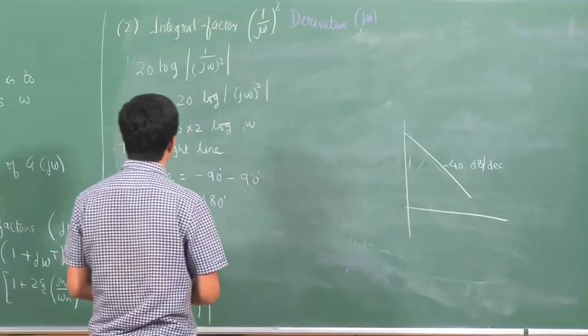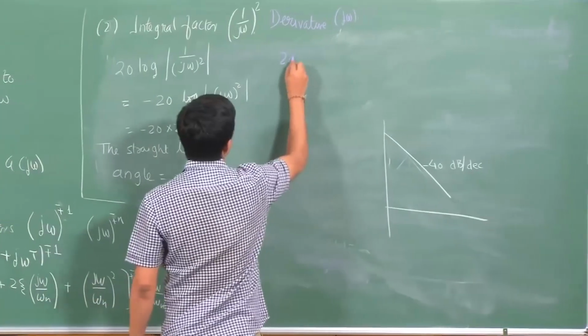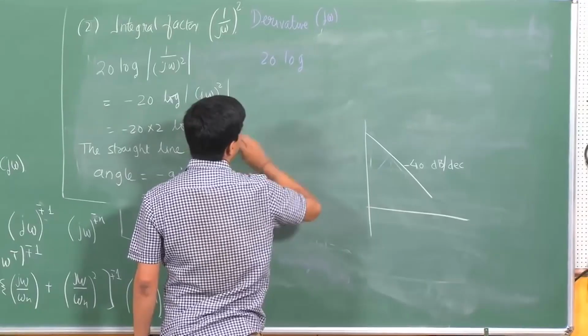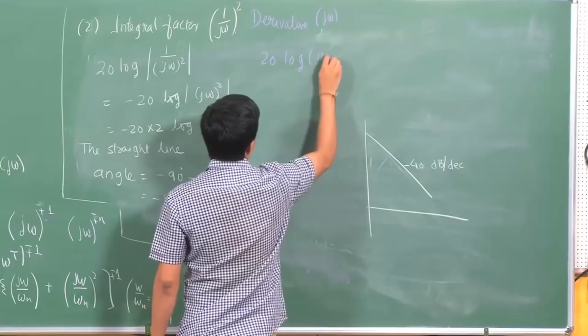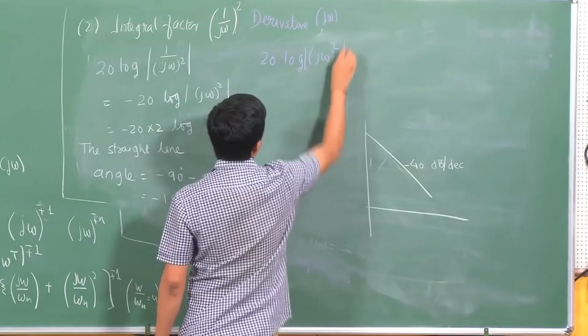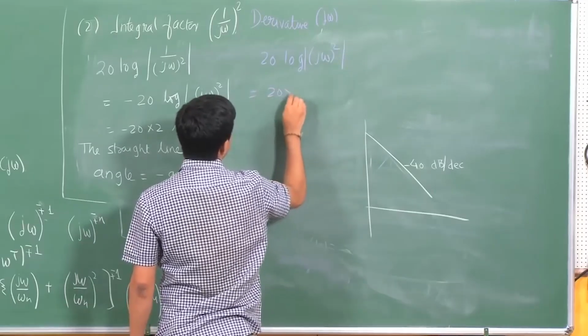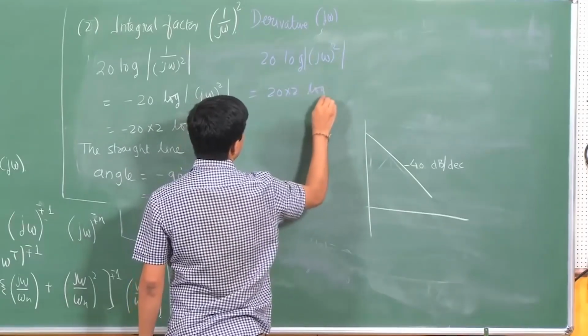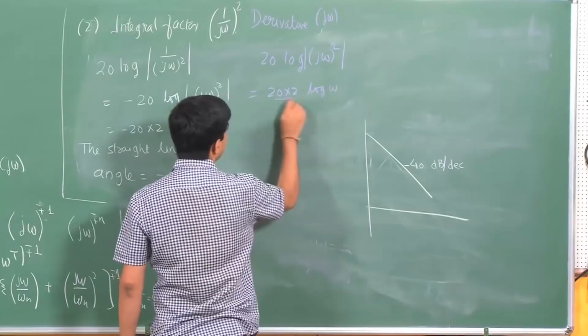Okay, what happens to this guy? 20 log (j omega) square. This is 20 times 2 log of omega, right? Look at this number now.